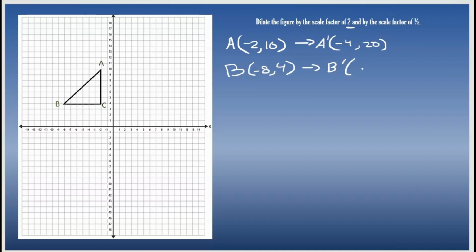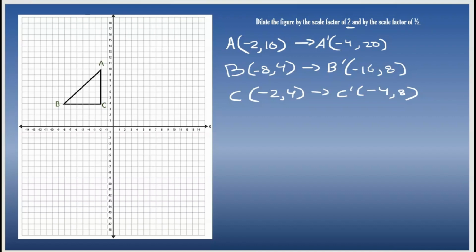And then B prime is going to be, so negative 8 times 2 would be negative 16. 4 times 2 would be 8. Okay. Point C is negative 2, comma 4. So that would be C prime, and that would be negative 4, comma 8. Okay. So those are our points for scale factor of 2.